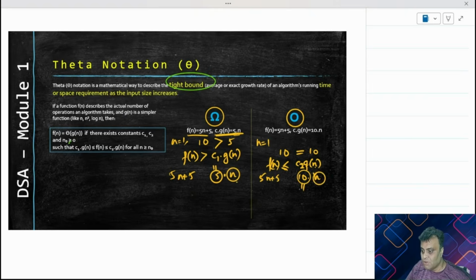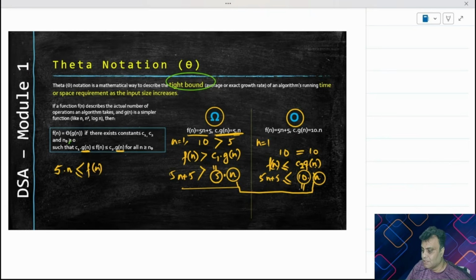So do we have a common Gn? Of course we have a common Gn. If we have a common Gn, then can I combine these two, because this was greater and this was less than equal to, right? What is C1Gn? C1Gn is 5n. So my 5n is less than equal to Fn.